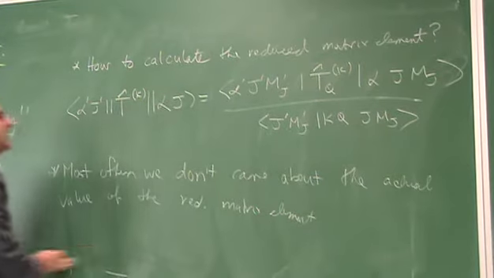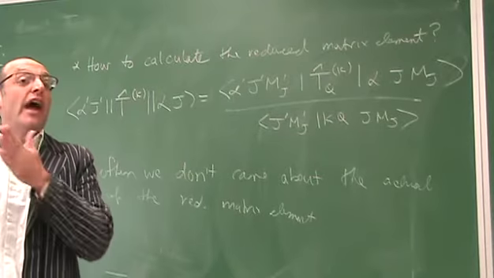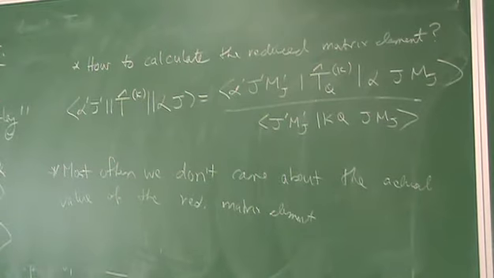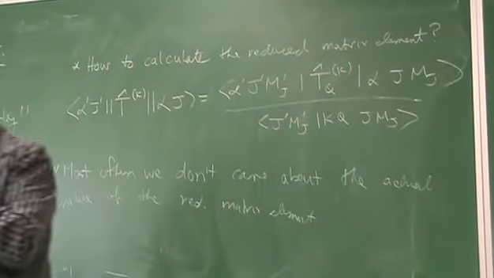What's important, as we'll see, is the ratio of these matrix elements for different values of m, m prime, and q, because they tell us something about the branching ratios associated with different transitions that are associated with the absorption and emission of electromagnetic radiation. And all of that is just the Clebsch-Gordan coefficient. We'll see that in a moment.